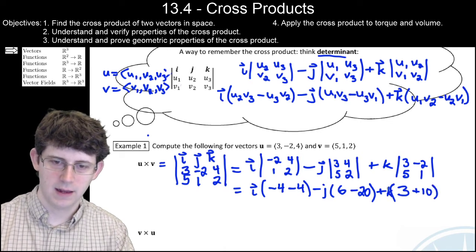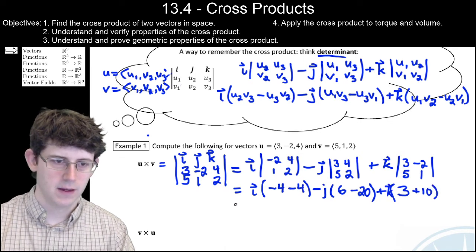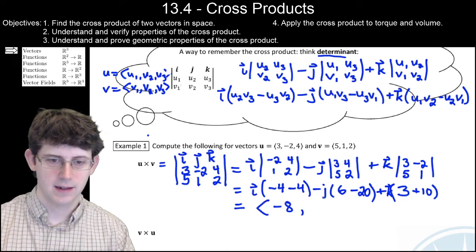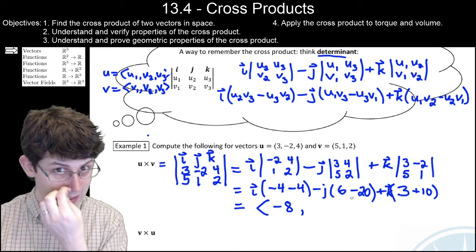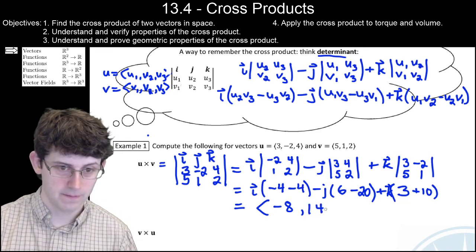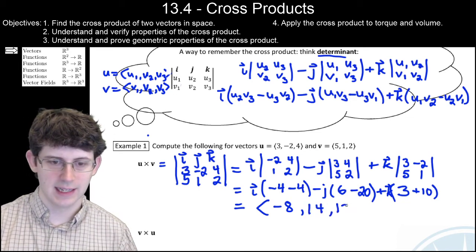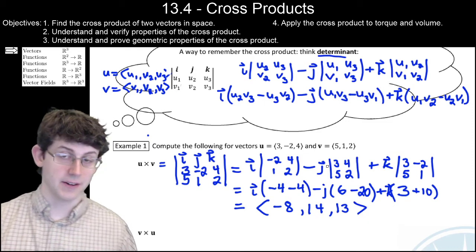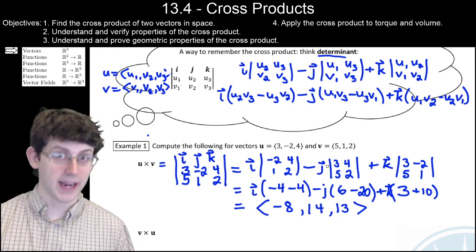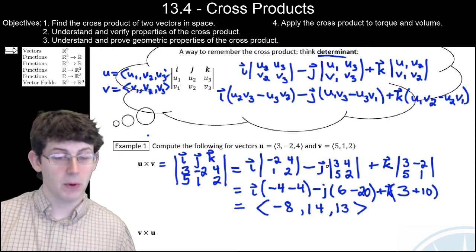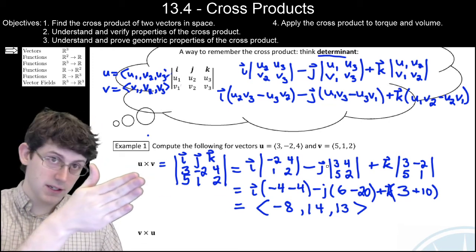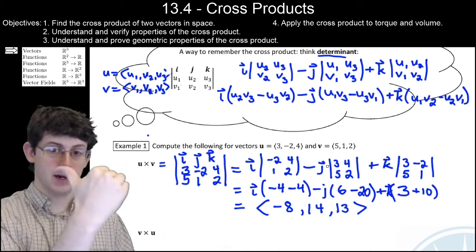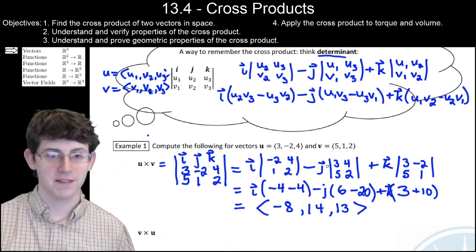So the final vector is minus 8 in the i slot, minus 14 in the j slot, and 13 in the k slot. So I take two vectors, take their cross product, and end up with a new vector. It points in the direction where, if this way was u and this way was v, the cross product would be pointing in the direction of my right thumb.